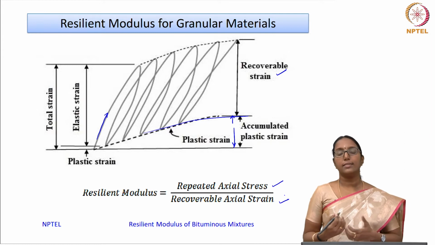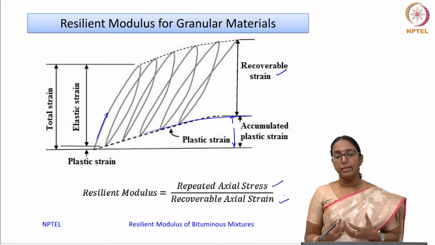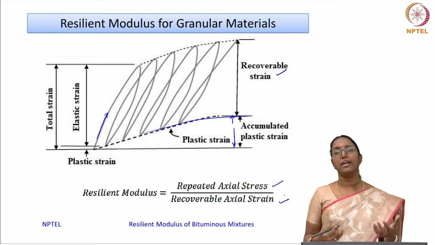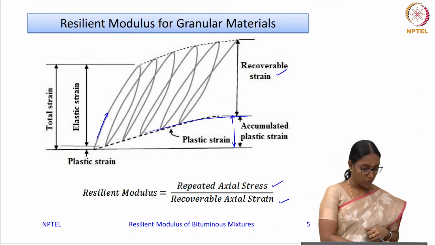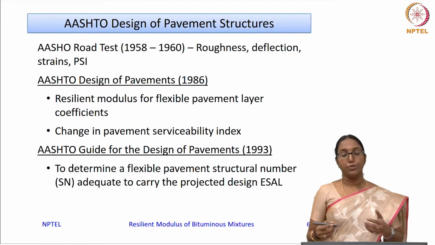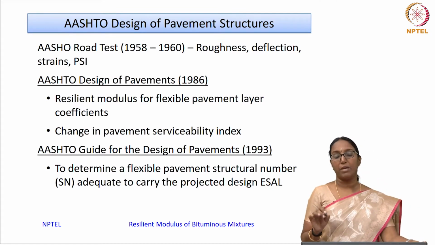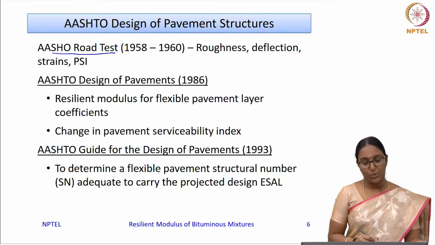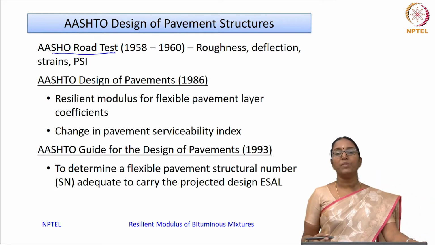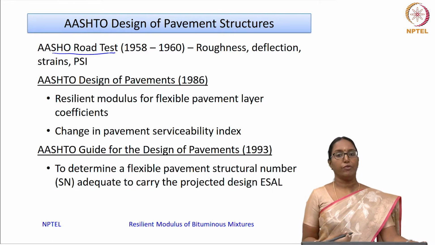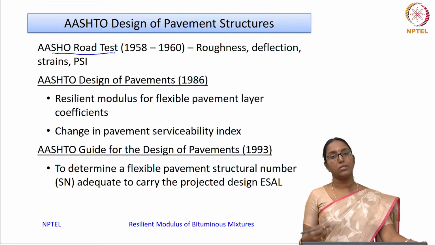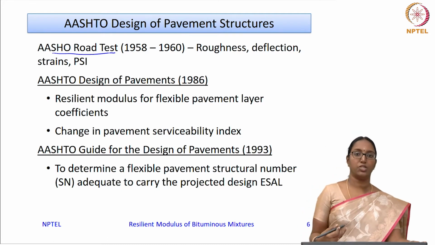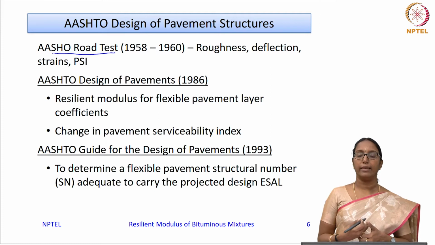Okay. So let us discuss how the AASHTO design method has evolved over a period of time, and what kind of moduli they have considered during the design process. As you know, this AASHTO pavement design strategy was developed as part of the AASHTO road test, which was from 1958 to 60, which collected a considerable amount of information from the road data, such as pavement surface evaluations based on roughness, deflection and the strains happening in the different layers.